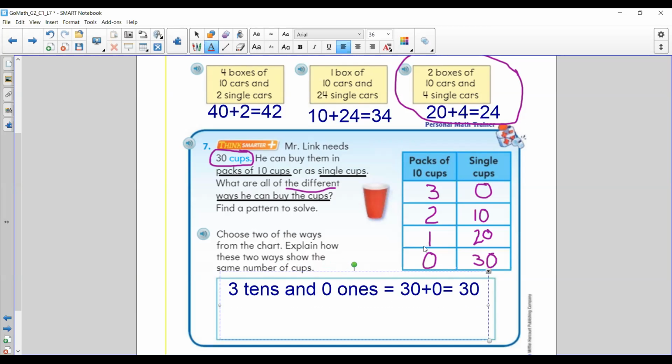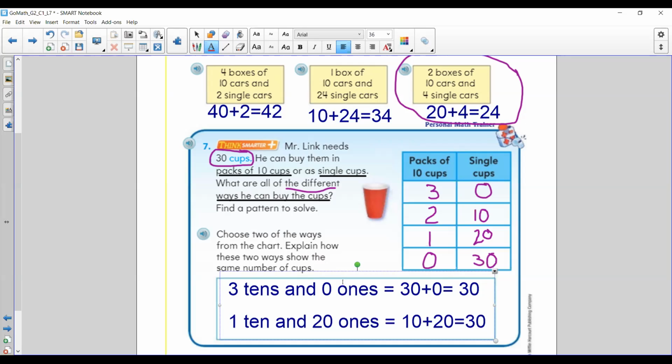And then let's do this. 1 ten and 2 tens equals 10 plus 20. And 10 plus 20 equals 30.